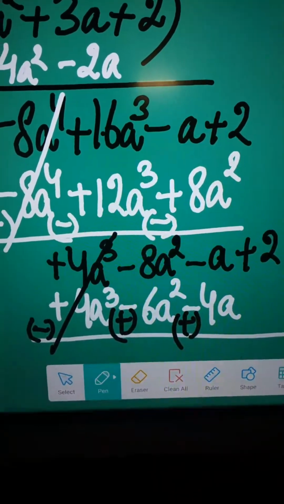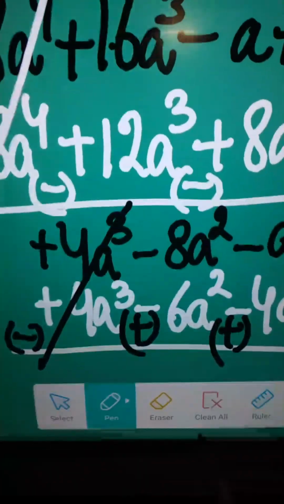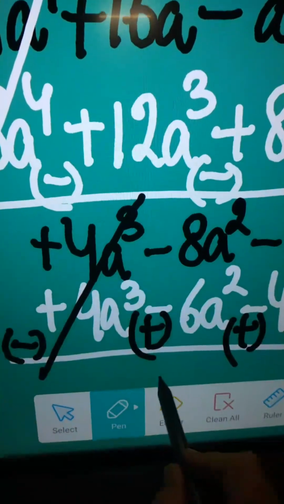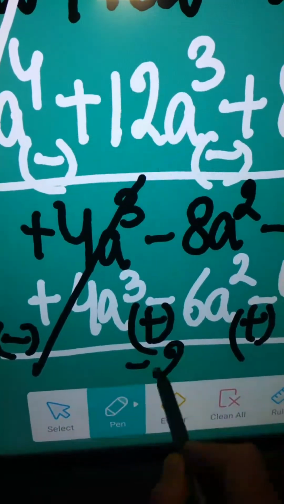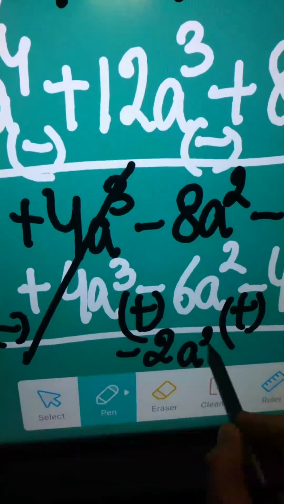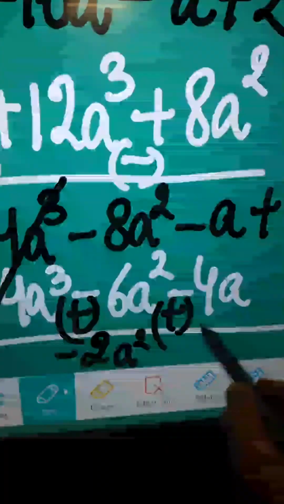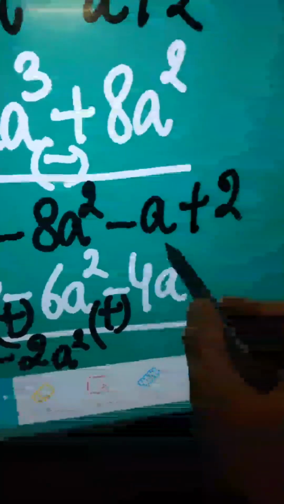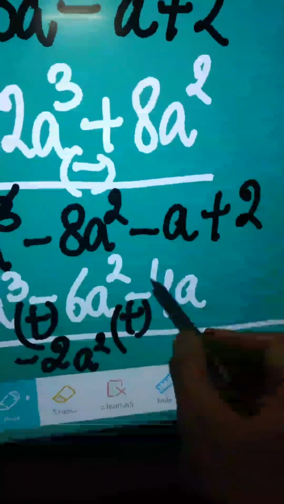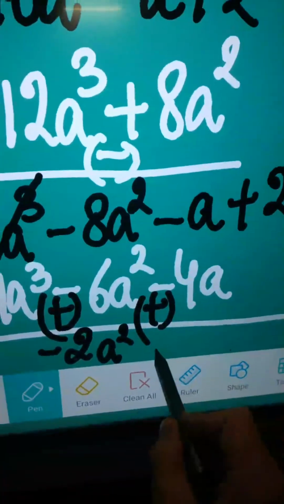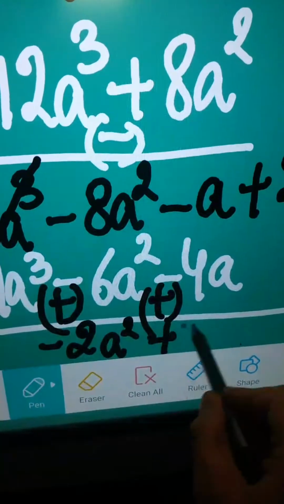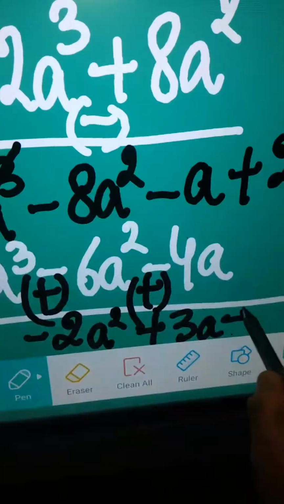Type your answer. What will it give you? We will write that number here. So this will subtract. So it will become minus 2a square. This will subtract. See, plus 4a and minus a, they will subtract. This is 1 and 4. Come plus 3a plus 2.